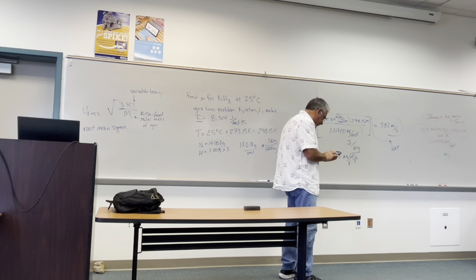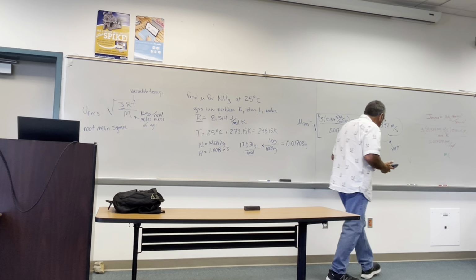So 3 times 8.314 times 298.15 equals, divided by 0.01703 equals, and then square root, right? 660. Yeah. Okay. All right.